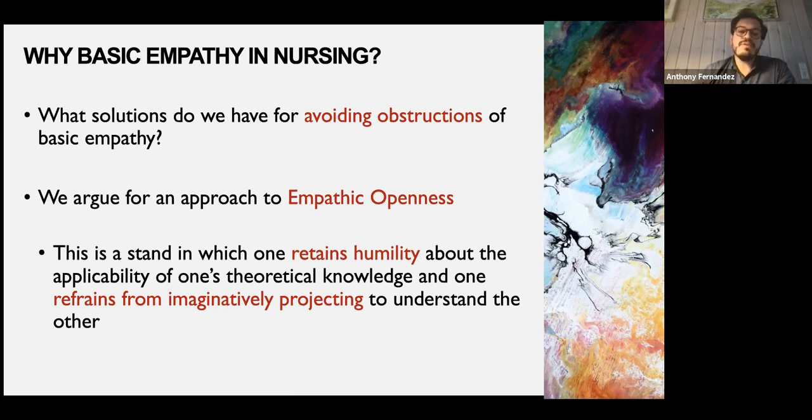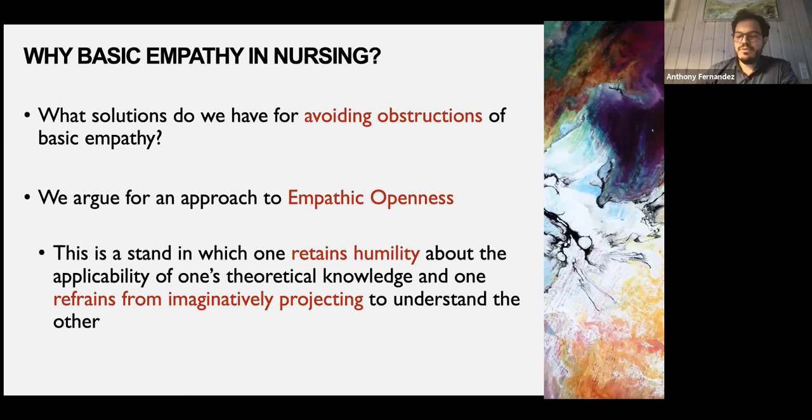I might be seeing something that's not there, or I might be forcing an interpretation of your expressions that isn't necessarily what you wanted to express. So in this respect, you might actually want to refrain from something like imaginative projecting or imaginative perspective taking in order to take this step back and allow yourself to perceive someone through basic empathy without using the higher level cognitive functions immediately to get in the way of that.